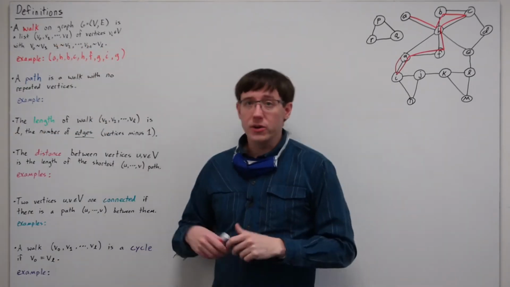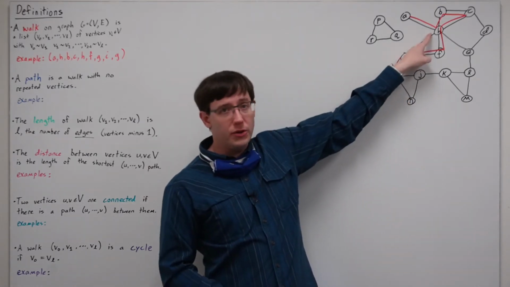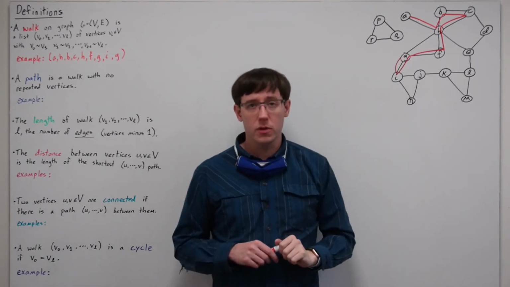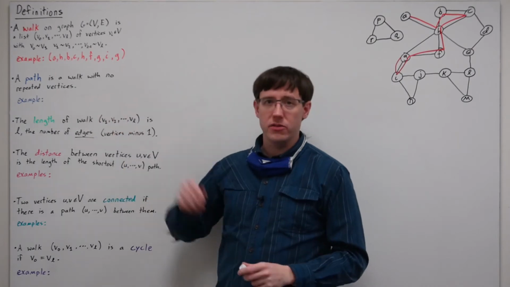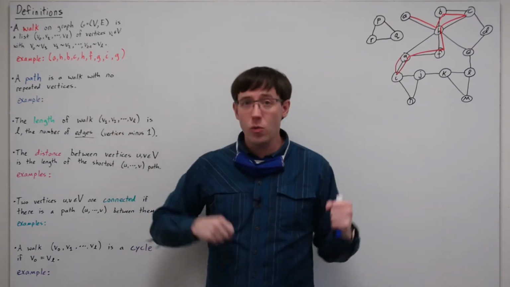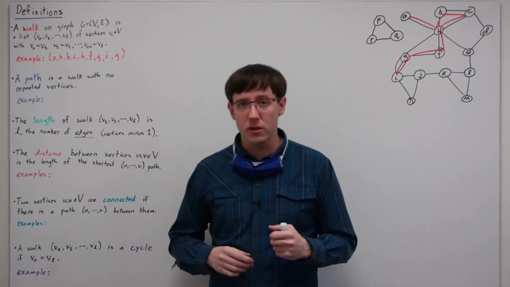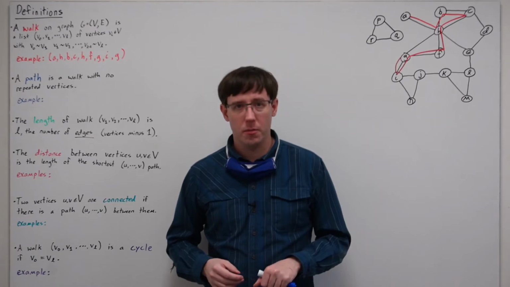And of note, our definition of a walk allows us to visit the same vertex multiple times and traverse the same edge multiple times. But if we want to disallow those things, we can talk about paths. A path is a walk, so it is also a sequence of adjacent vertices, but it has no repeated vertices.